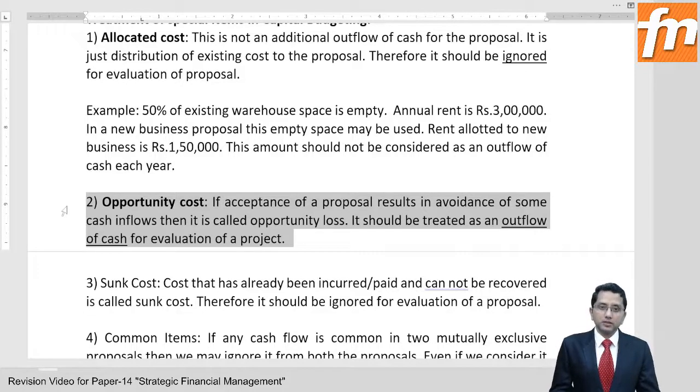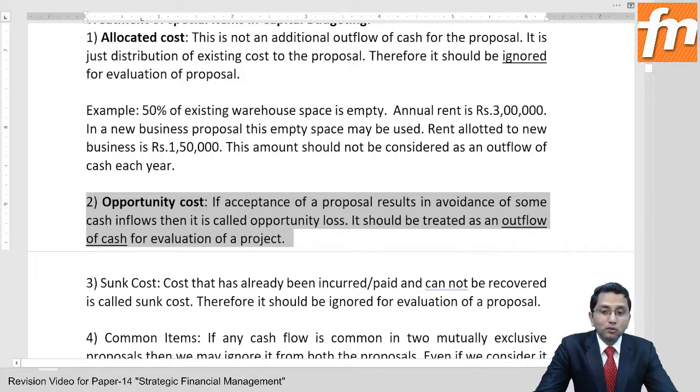If you start this new business, you will tell the tenant to vacate the place and you will start using it yourself. As you are the owner of the shop, you need not pay any rent. But definitely you are losing an opportunity. You could have rented it out, and you will lose 60 lakh rupees per annum as rent income if you start the new business. This should be treated as an outflow of cash.